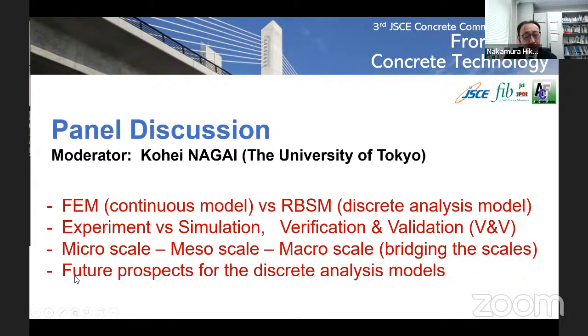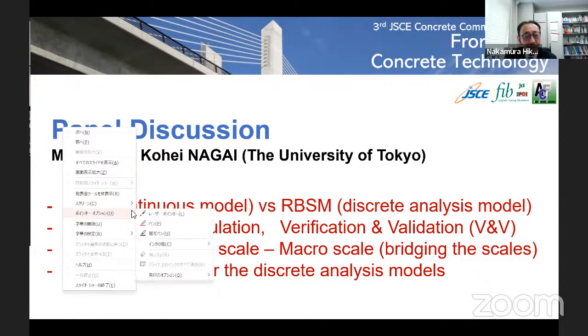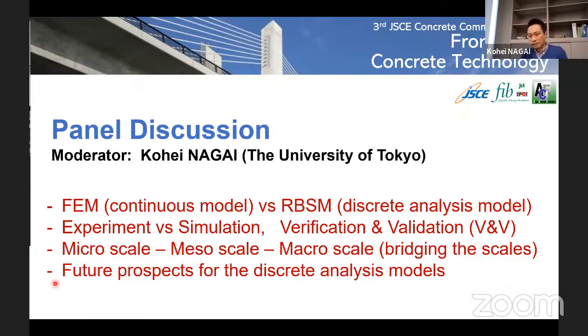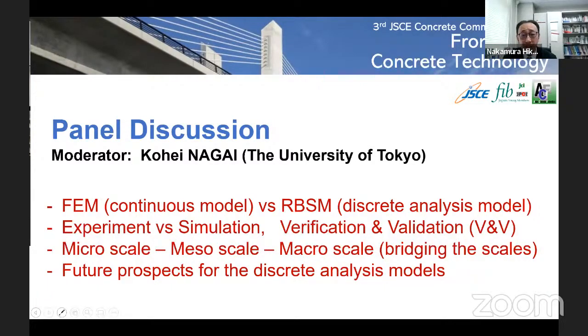The first idea of the RBSM by Professor Kawai was limited analysis. But then Professor Bolander applied it to small particles, a combination of small particles. Then the RBSM moved to mesoscale analysis. Most concrete behavior is related to micro cracking around the aggregate.